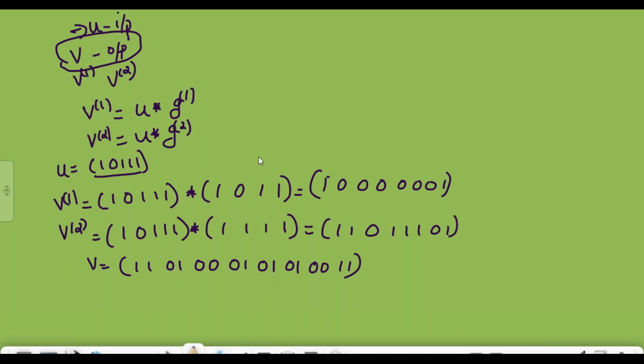And this particular output can be obtained in another way. Here we write the impulse responses of the adder elements, that is the generating sequences G1 and G2, like this.